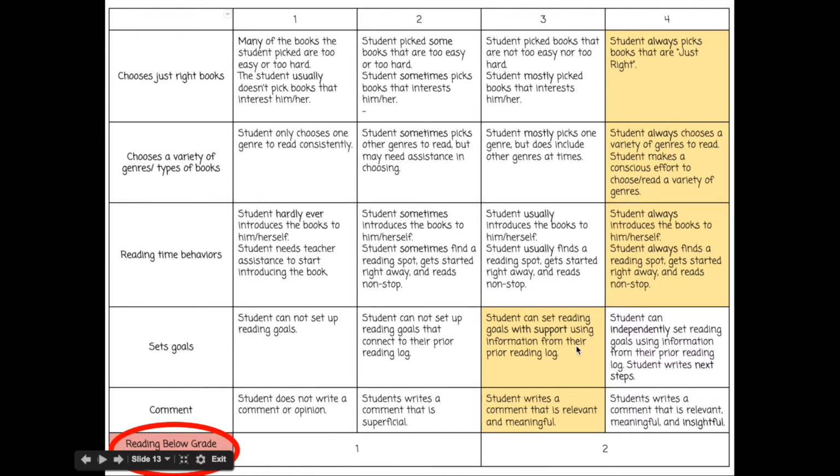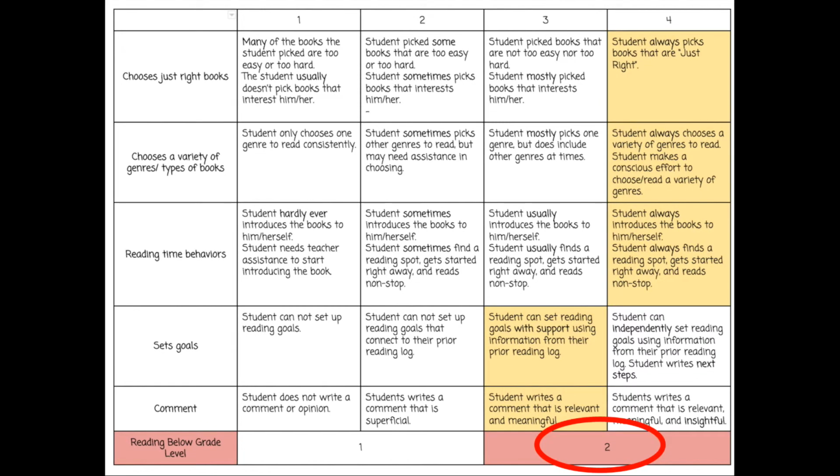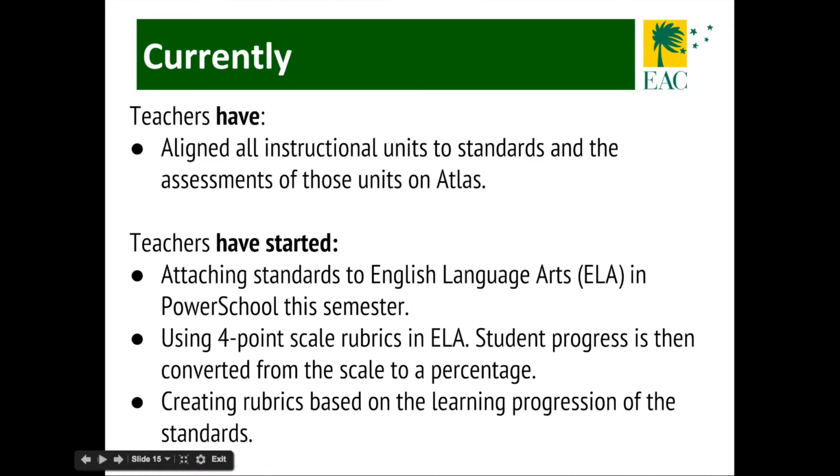However, since he is not reading a book that is on grade level, it is not fair or accurate to say that he is meeting or exceeding the standards. So David would therefore get a 2. These rubrics are great because they show the progress and what David is able to do, yet it is accurate and reflects where he is in relation to the standard.